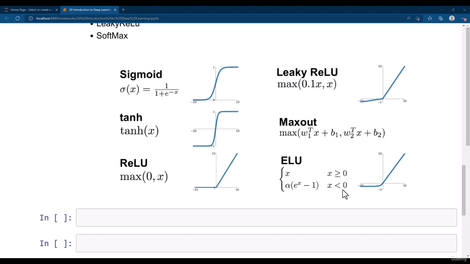So ELU makes it differentiable at 0 or any other region. Whatever these domains or regions are, it is differentiable in all of them. So there are fewer chances that your differentiation will be unstable. It's very unlikely.